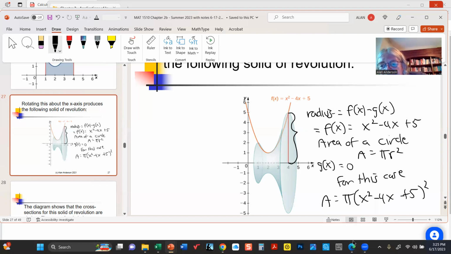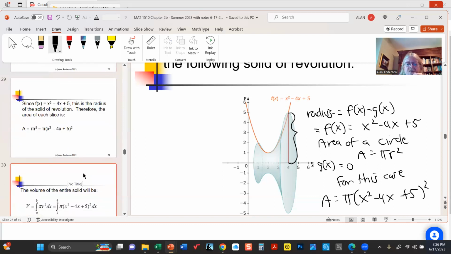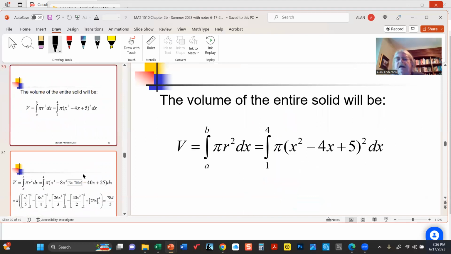And because we're using slices to come up with this volume, we're going to define delta x to be the width of the slices. And so that means that the volume could be calculated as pi r squared dx.